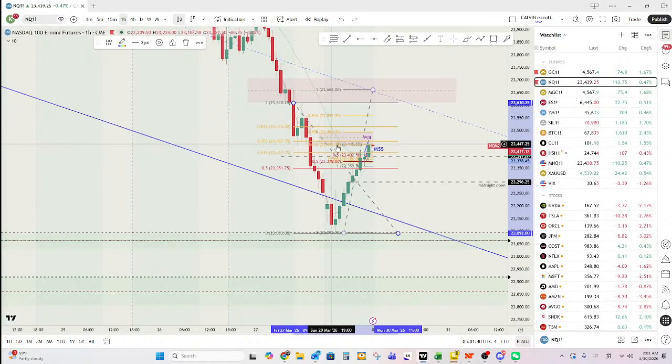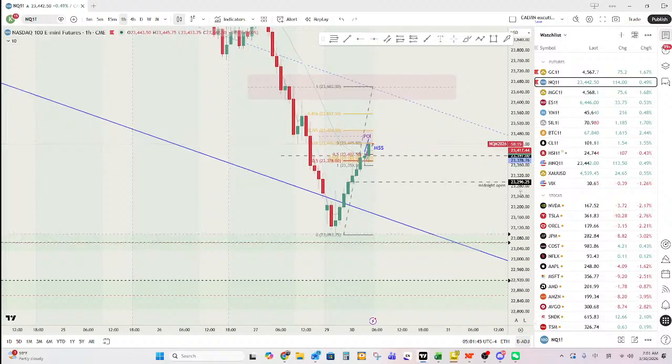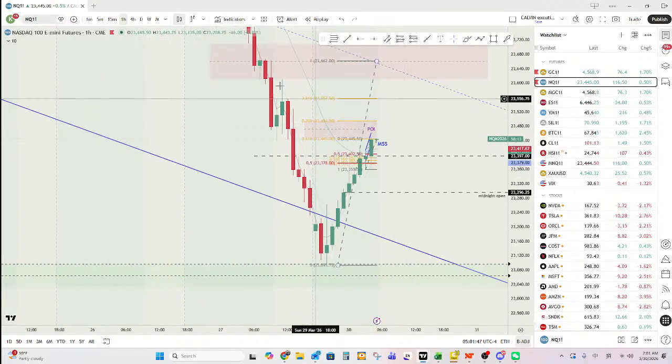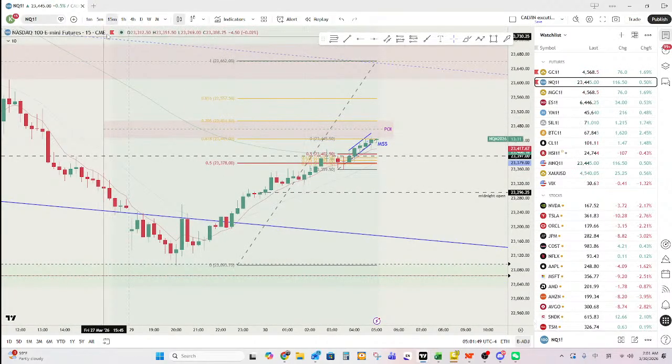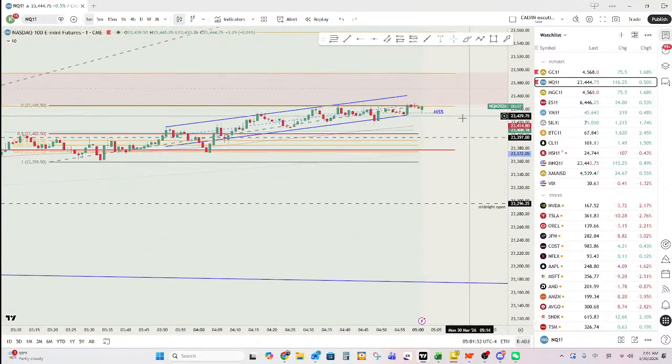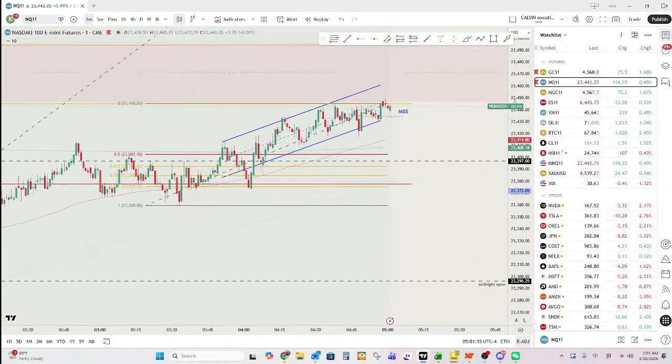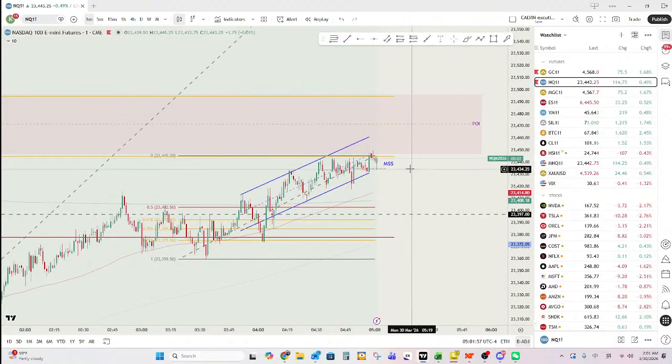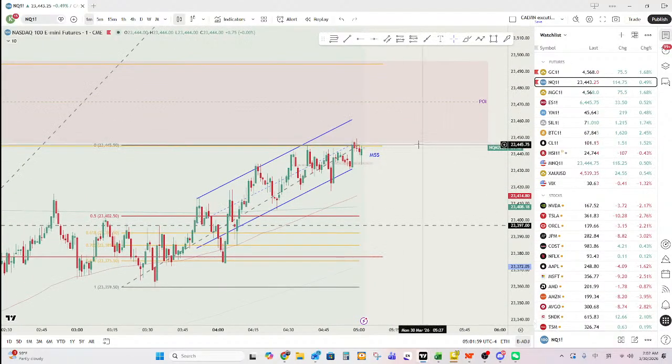Yeah, so this is kind of an important level for me. It's trying to see if there is any pullback. So usually the 1 minute time frame is my execution chart.